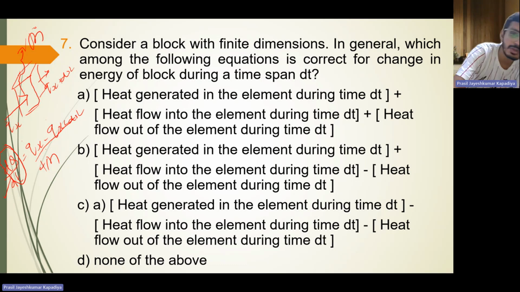So if we see these options, this is the correct option, where heat generated in the element during time dt is there first, plus heat flow into the element during time dt minus heat flow out of the element during time dt. So Qx minus Qx+Δx plus some generation term m. So option B is correct.